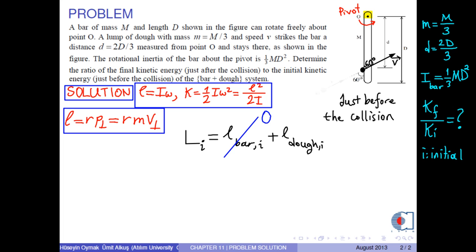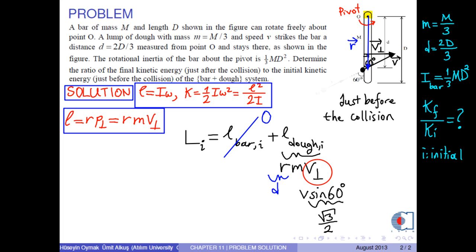And the initial angular momentum of the duff is found by the formula r times m times v perpendicular. v perpendicular here is v times sine 60 degrees, which is square root of 3 over 2. Position vector is measured from point O, so r is d. Therefore, we end up with the initial total angular momentum of the bar-duff system as square root of 3 over 2 times dmv.